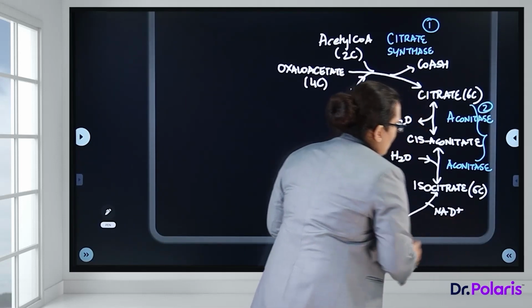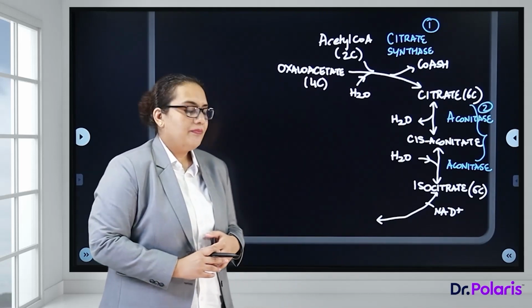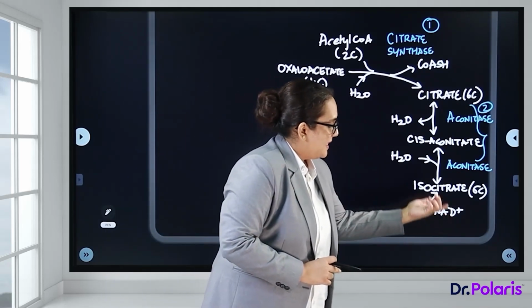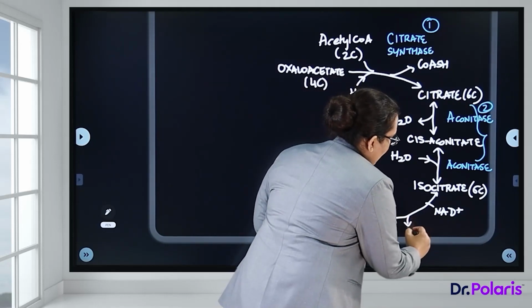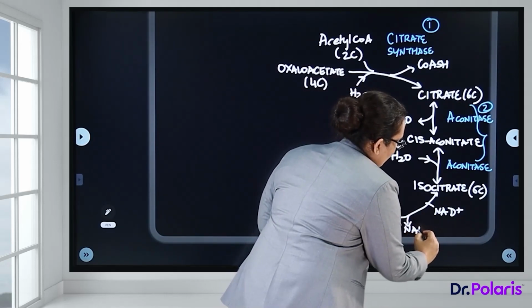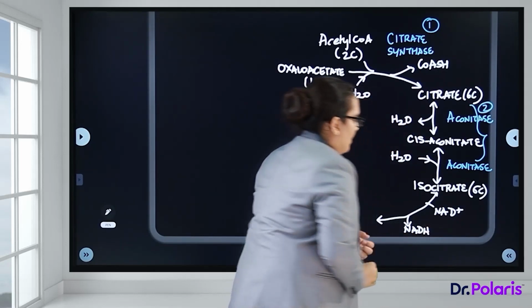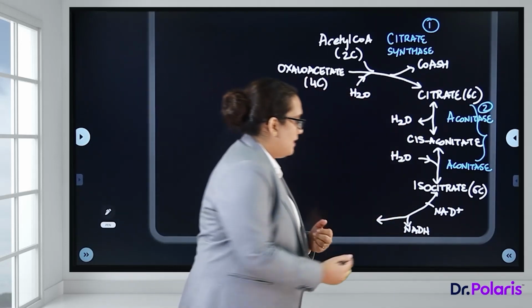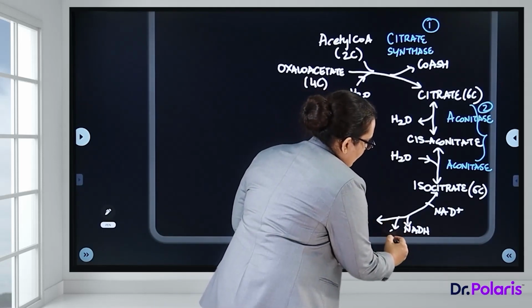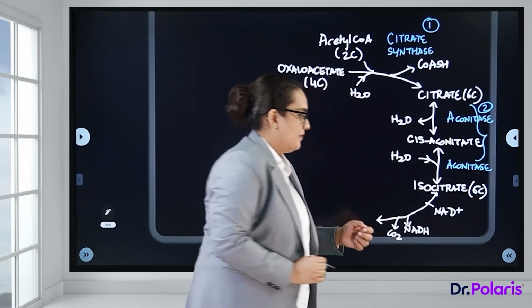NAD+ stands for nicotinamide adenine dinucleotide. So NAD+ accepts hydrogen from isocitrate and gets converted to NADH. And at the same time, there's a decarboxylation reaction occurring simultaneously where you see carbon dioxide is removed.